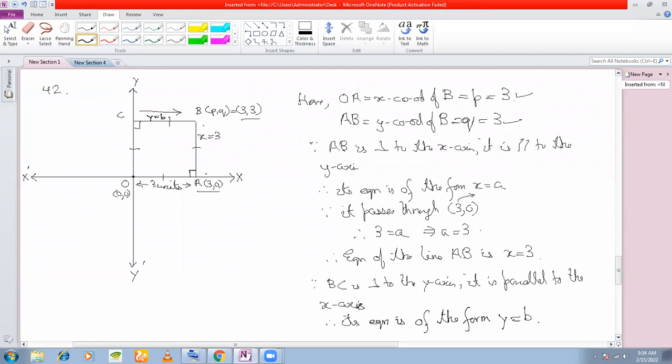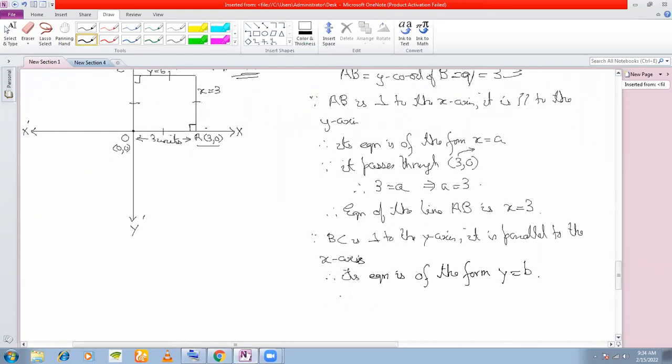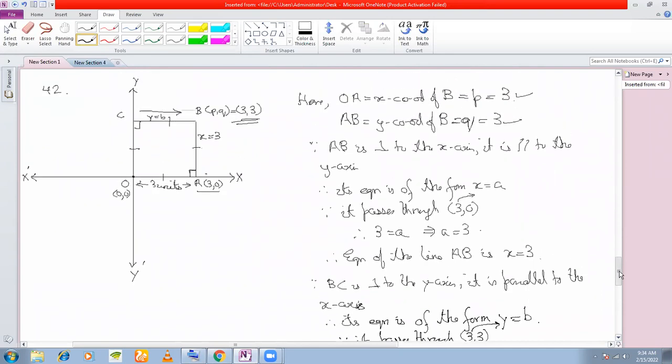So this equation has the form y is equal to b. And what point does it pass through? It passes through 3, 3, right? So we can find out the value of b. Since it passes through 3, 3, we can replace this y by this coordinate. 3 must be equal to b. That means you get b is equal to 3. Hence, what is the equation of BC?